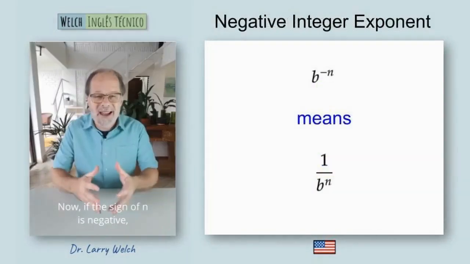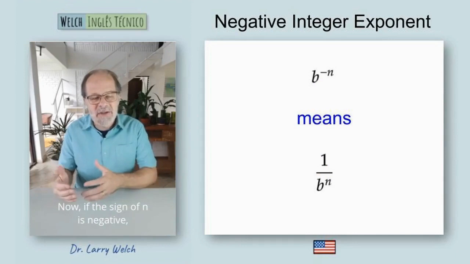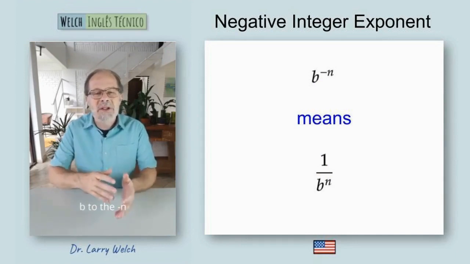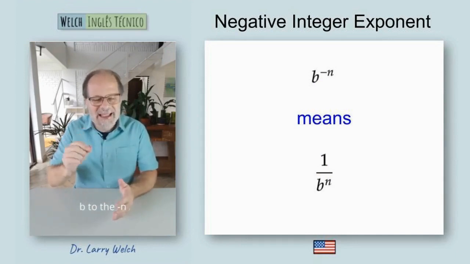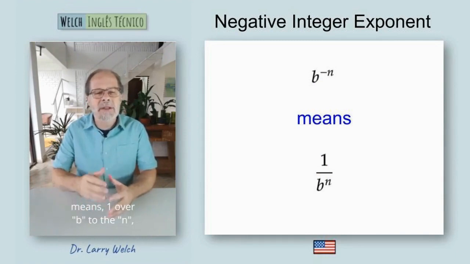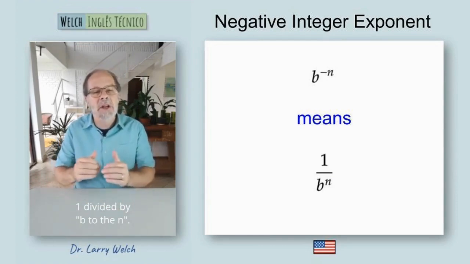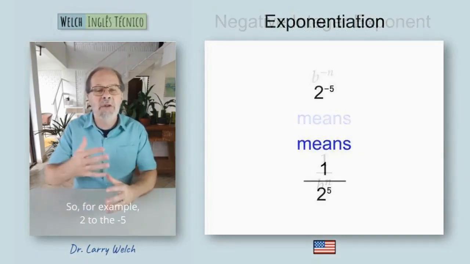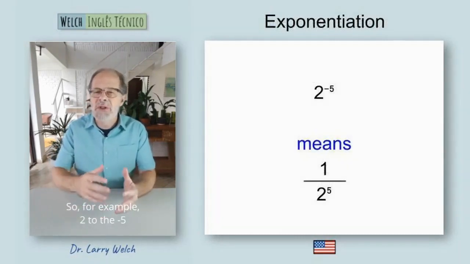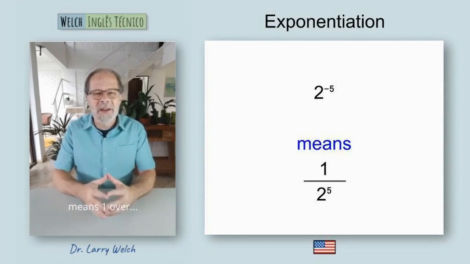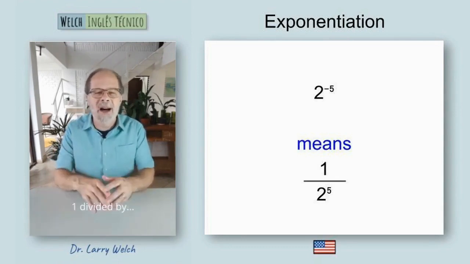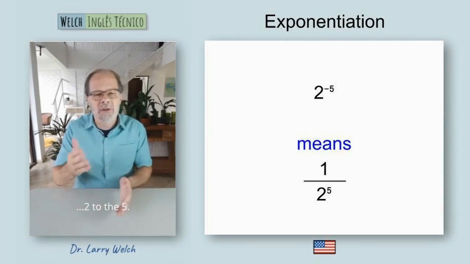Now, if the sign of N is negative, B to the minus N means 1 over B to the N, 1 divided by B to the N. So, for example, 2 to the minus 5 means 1 divided by 2 to the 5.